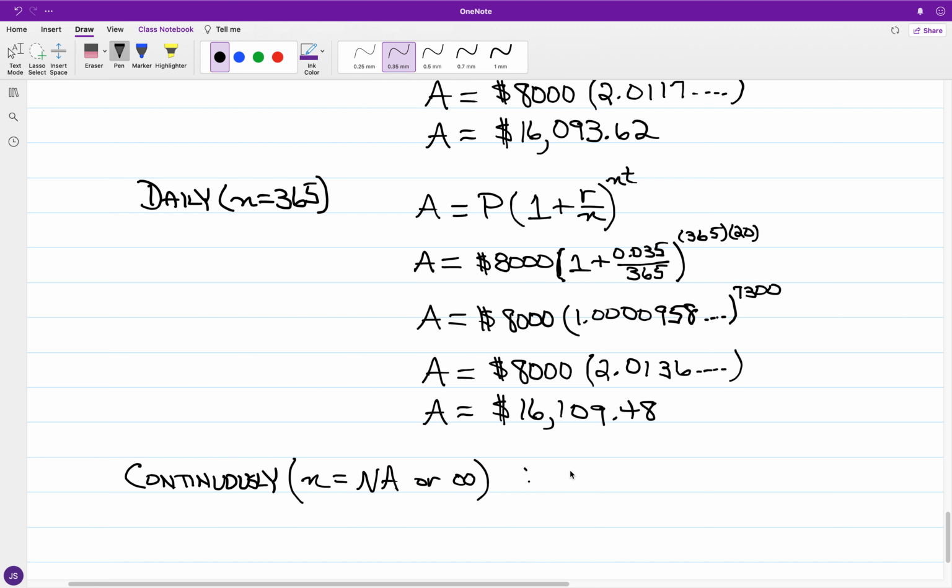And what was this particular statement? Again, as n approaches infinity, this 1 plus r over n to the nt power translates to e raised to the r times t. And again, e is that natural logarithmic exponential base number.